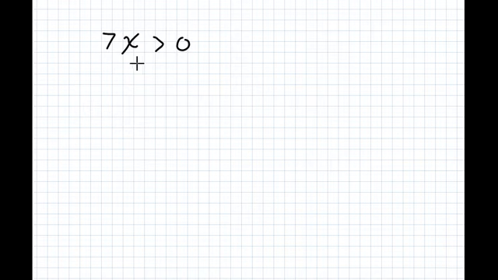Well, this is actually pretty simple. What numbers could we plug in for x to make this true? We're going to go through the algebraic steps, and I'm going to multiply both sides by 1/7.